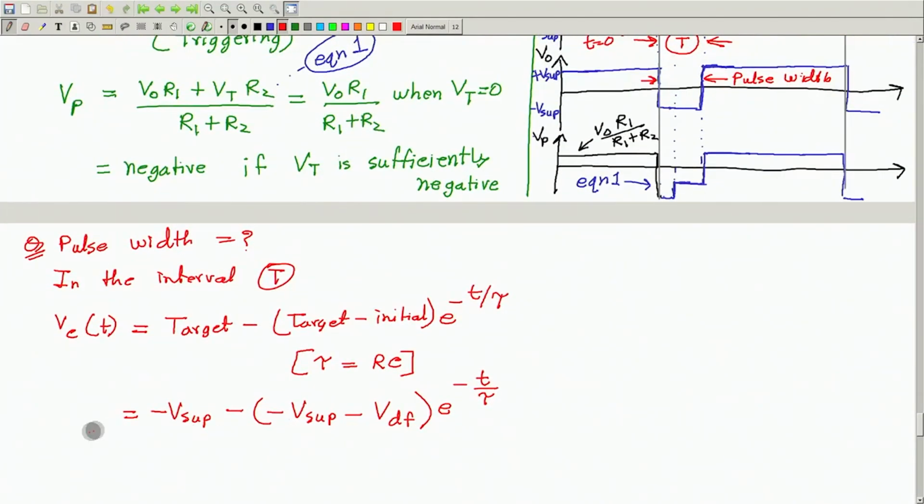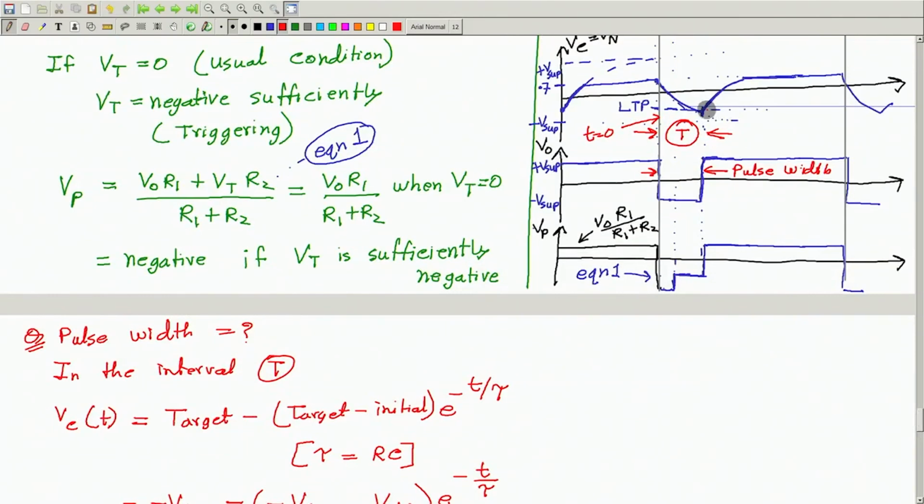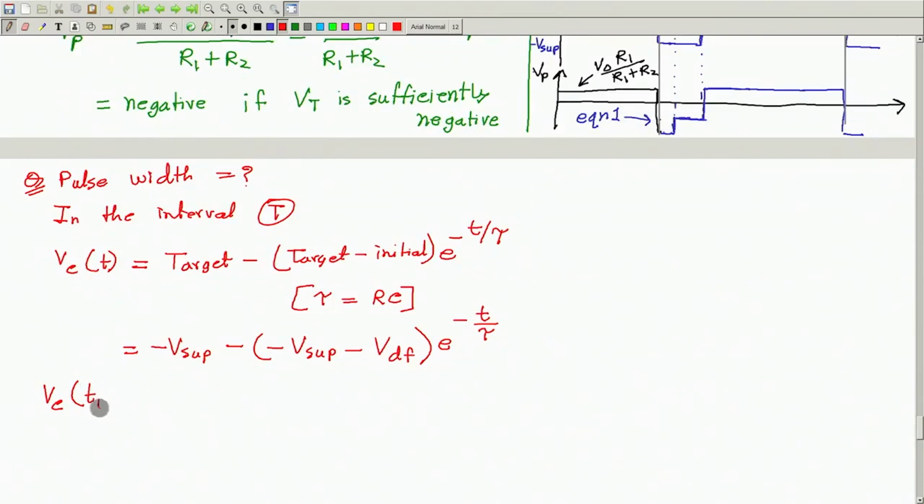Right. And from this we can write Vc at this point, call this t equal to TW, which is the pulse width here. So, here we can write Vc at TW is minus V supply minus the quantity minus V supply minus VDF, times e to the power minus t by tau, and we know the value here is equal to LTP, the lower trigger point.